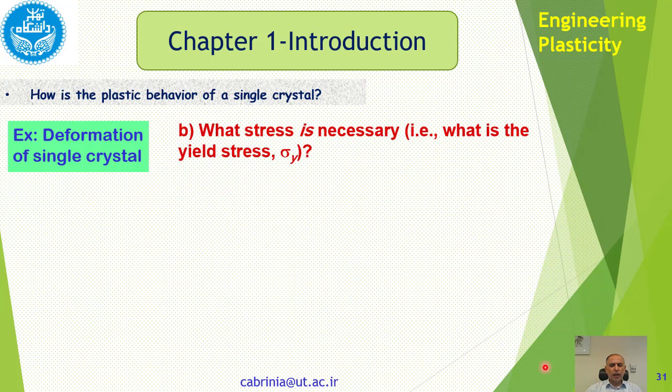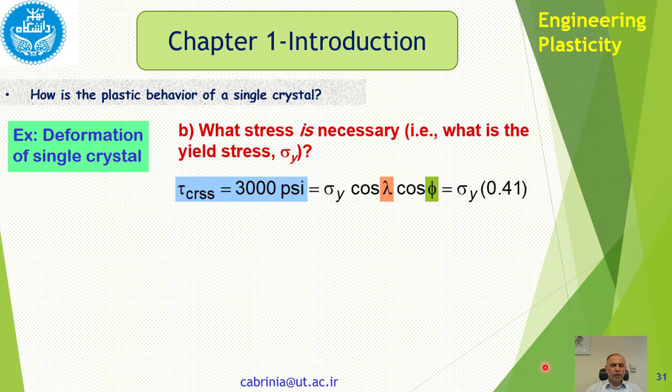Okay, then second part, what will cause it to yield? We put tau r equal to tau critical resolved shear stress, 3,000. That was the number given to us. So we put 3000 psi over here and calculate sigma y.